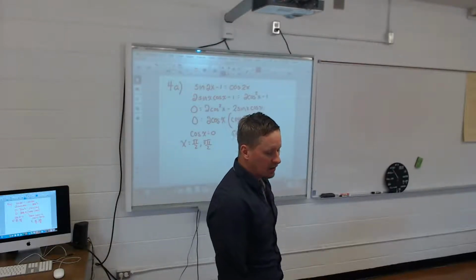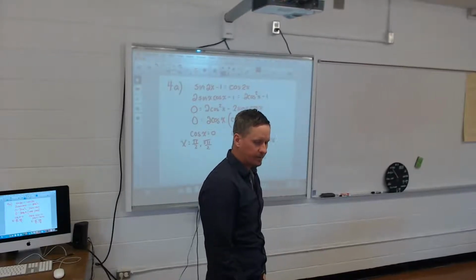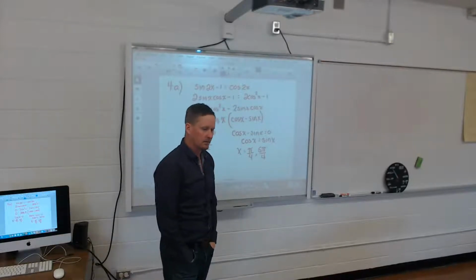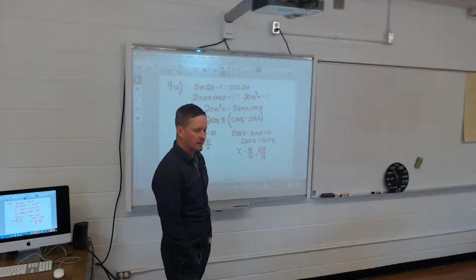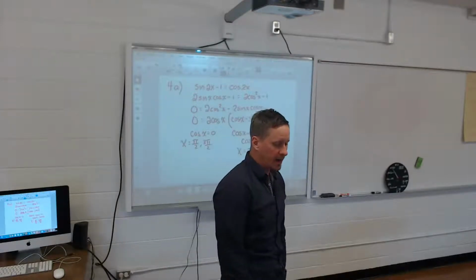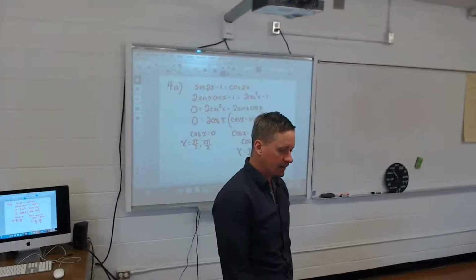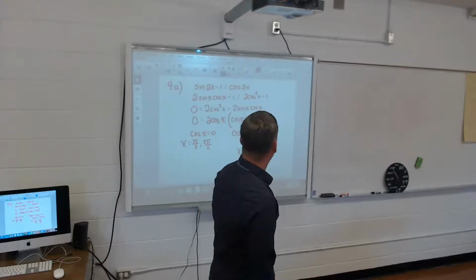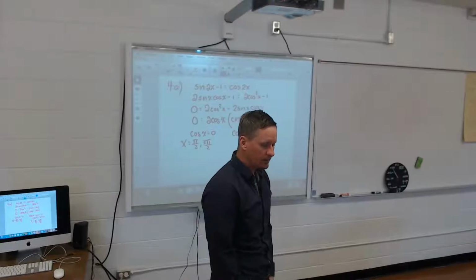And so you pick the one that makes the question the easiest for yourself. So in this question, it didn't matter, to be honest with you, Mary. I could have used any of those 3 and still ended up getting the same answer, with about the same amount of work. So I just took the 2 cos squared x minus 1 and did it.